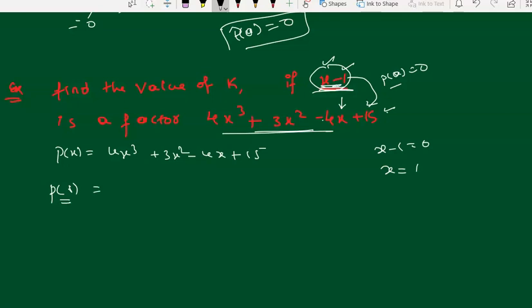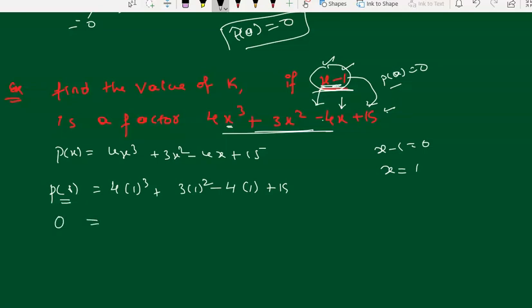So let's replace x by 1 in p of 1 is equal to 0. 4 into 1 power 3 plus 3 into 1 power 2 minus 4 into 1 plus k. Since it is already a factor, p of 1 becomes 0.